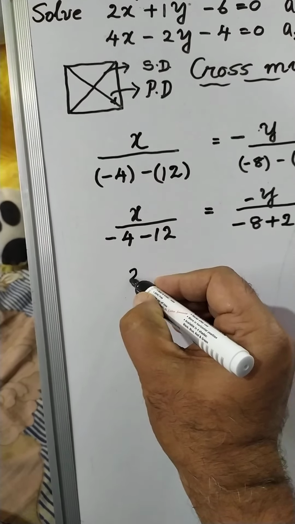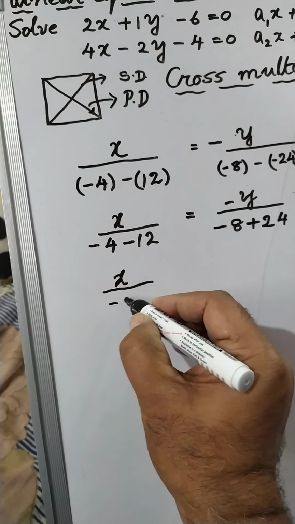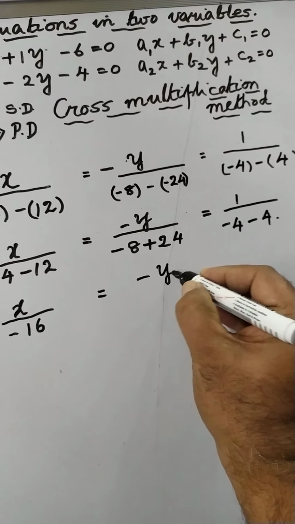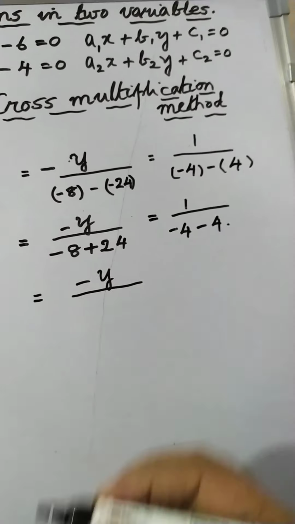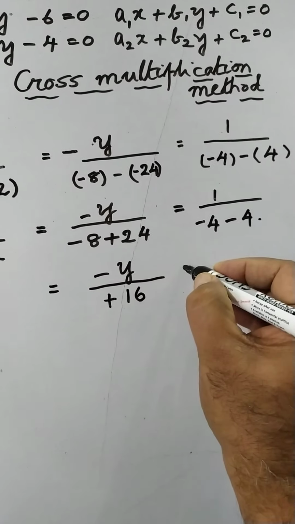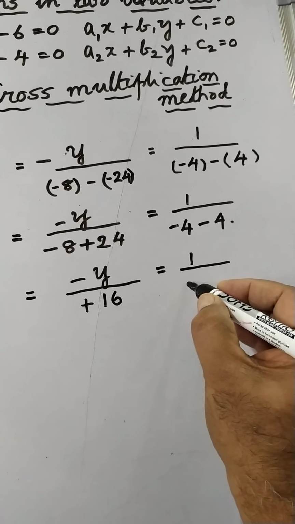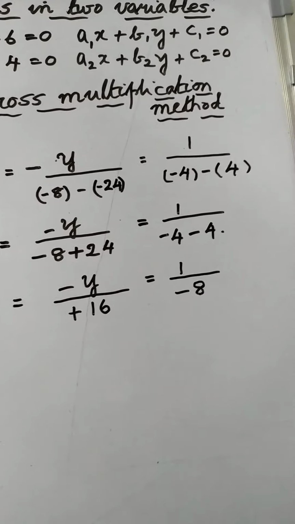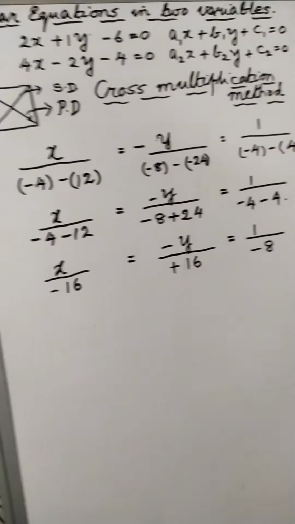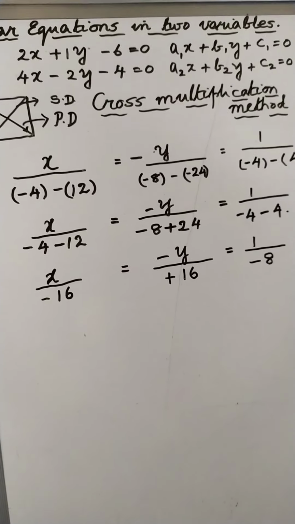So I will get x divided by minus 16, that is equal to minus y divided by minus 8 plus 24 is plus 16, that is equal to 1 divided by minus 8. When you have the same signs, keep the same sign and add the numbers. You have three fractional quantities which are equal to each other.